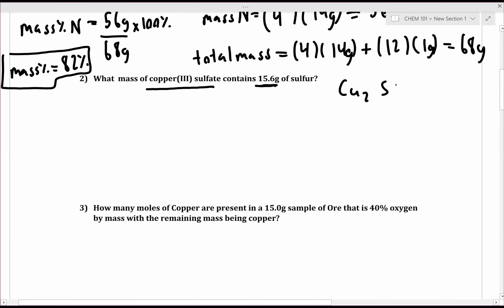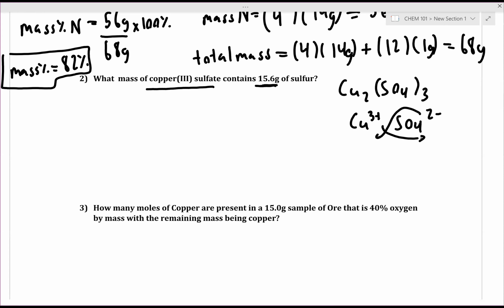Cu2(SO4)3. Yes, exactly right. So let's summarize the logic behind that. So we have copper 3 plus, since it's copper 3. Sulfate has a charge of 2 minus, and crossing the charges gives you Cu2(SO4)3. Does that make sense?